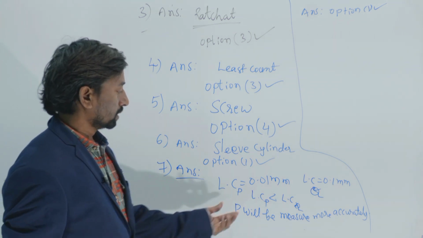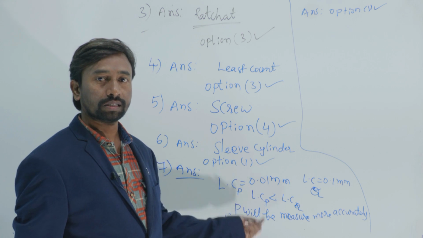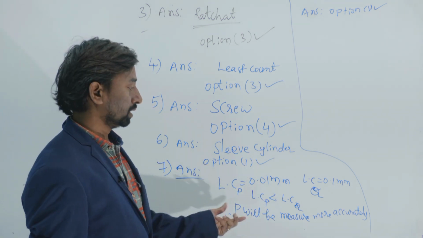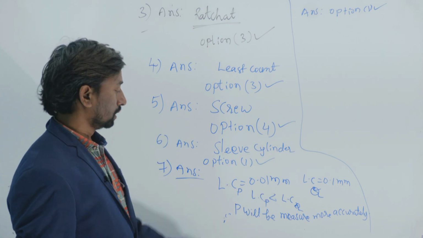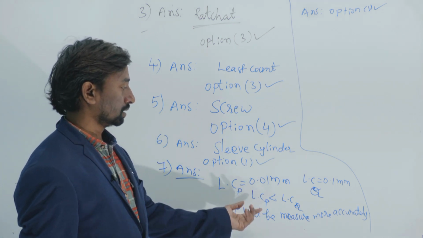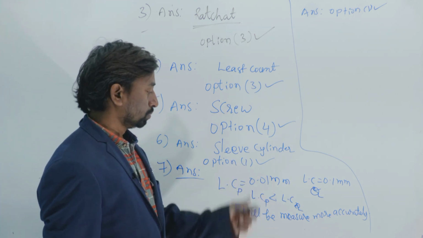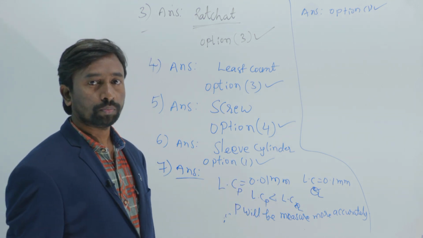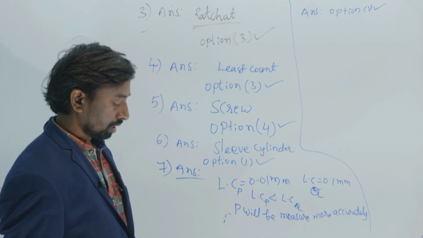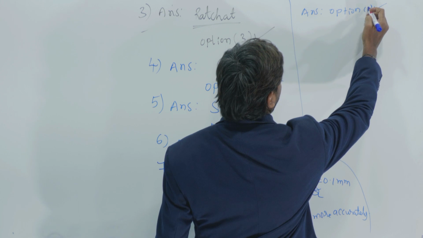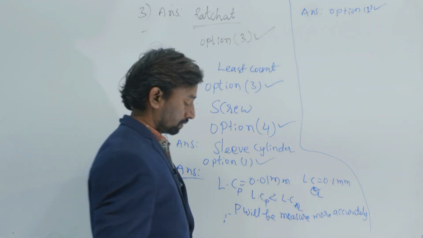The instrument which has the lesser least count will measure more accurately. Here the least count of P is lesser compared to the least count of Q, so this P screw gauge will measure more accurately. So the answer is option 1. This is the correct one.